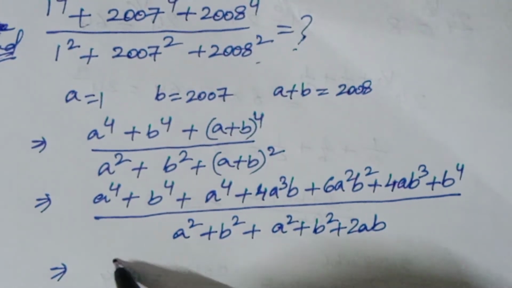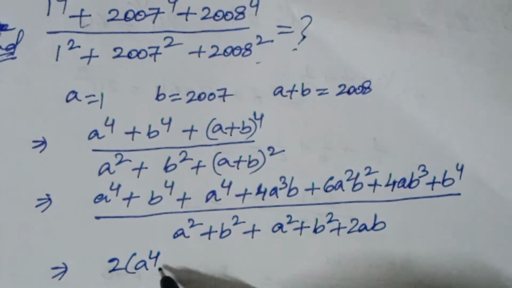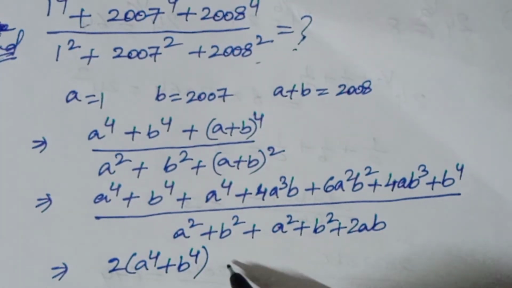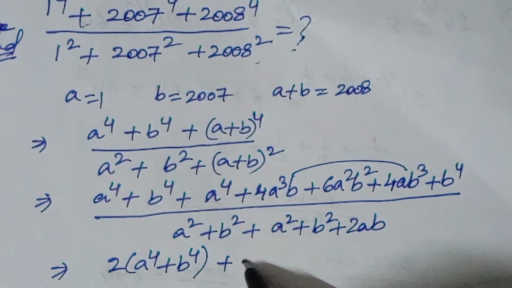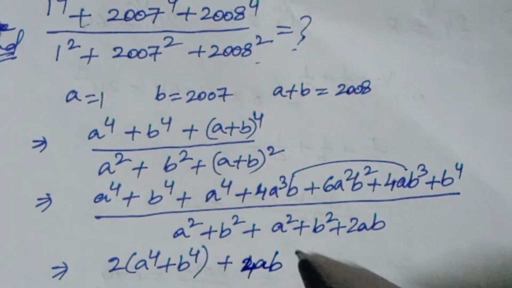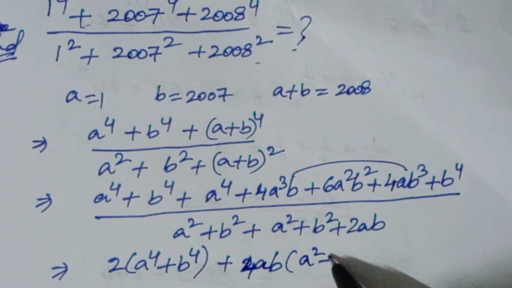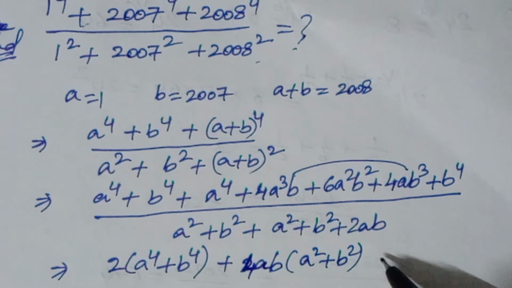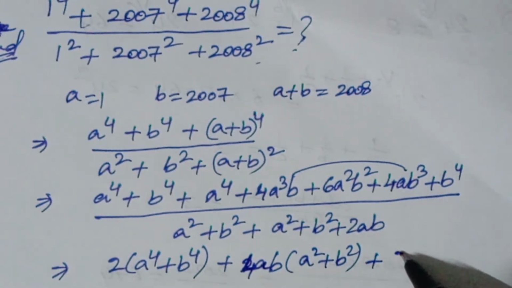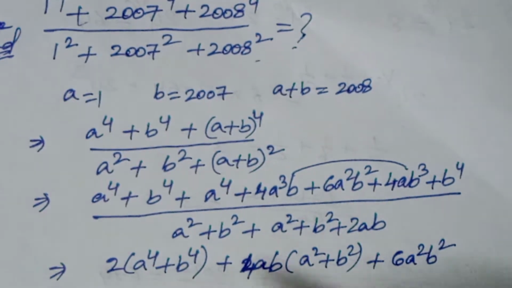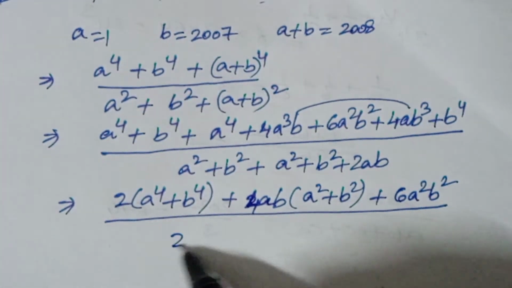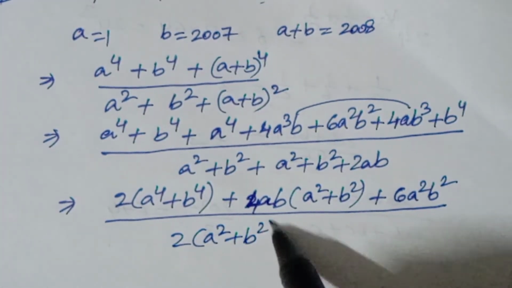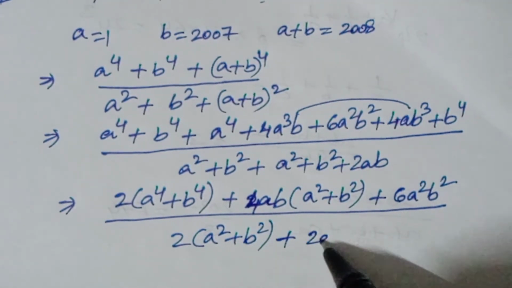So you can write 2 into (a to the power of 4 plus b to the power of 4) plus, here you can take common, 4ab common: 4ab of (a square plus b square) plus 6a square b square, divided by the denominator, 2 of (a square plus b square) plus 2ab.